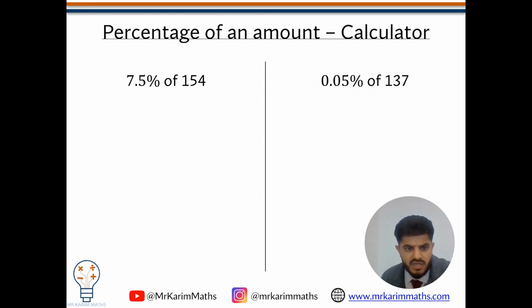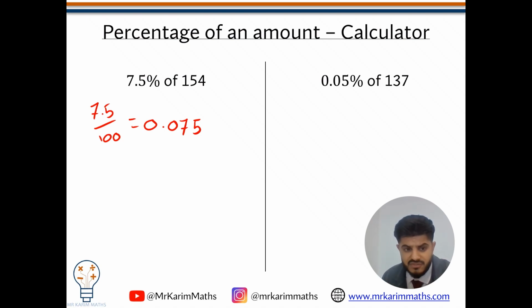Let's move on. We've got 7.5% of 154. So what we're going to do is 7.5 over 100. Now, as I said before, there will come a time where you can do this off the bat without having to write anything down. So 7.5 over 100 is 0.075.